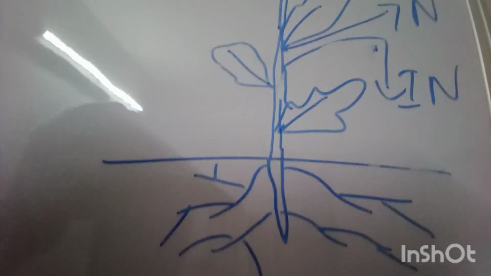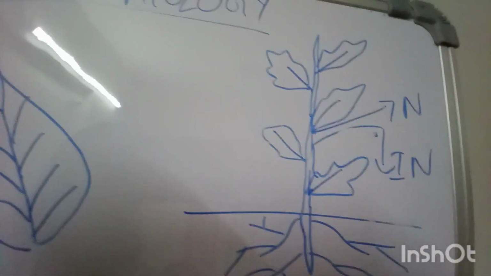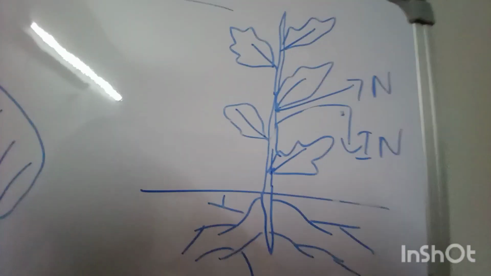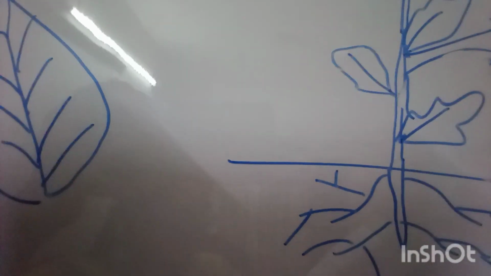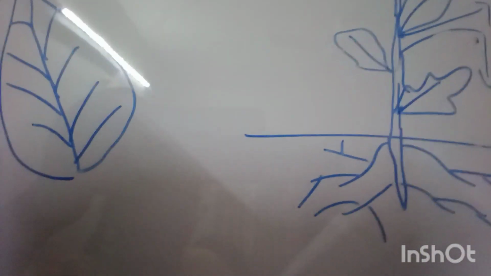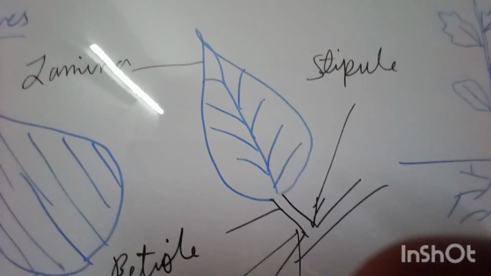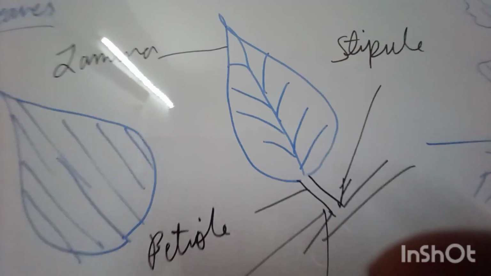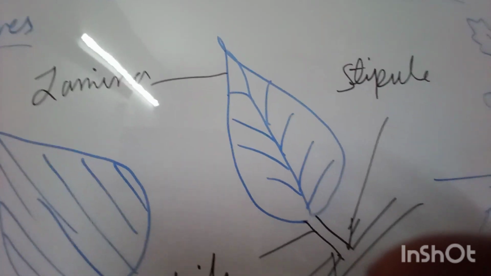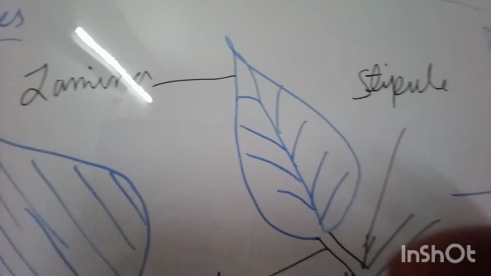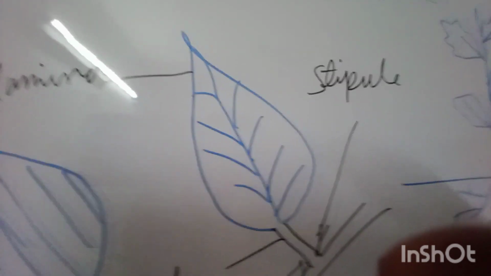Basically leaves generate from the shoot. Shoot is nothing but the parts of a plant above the soil, and root is nothing but the parts of the plant below the soil. I hope you have studied this in your junior classes. Next, they are the most important vegetative organs for photosynthesis. Your leaf contains certain main parts. The first part is the lamina. Lamina is the outer edge, the blade of the leaf.